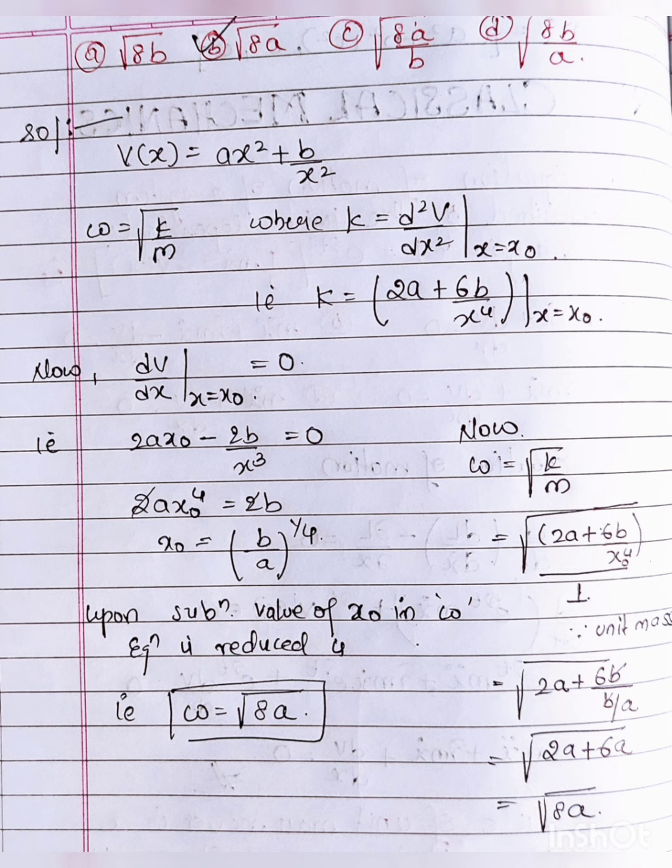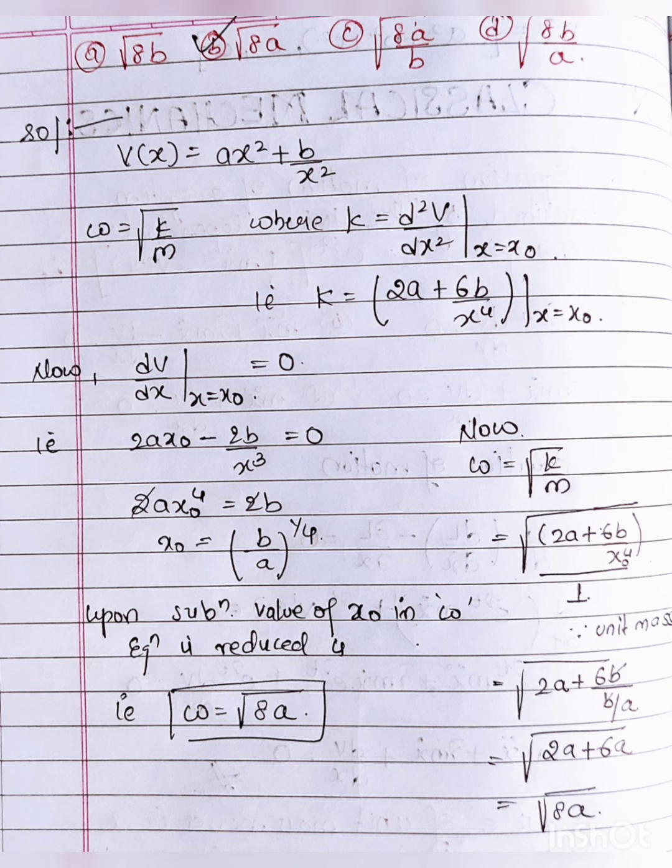Now taking the value of angular frequency, that is omega is equal to root k by m. Here in the root substitute the value of k which we found above, that is root of 2a plus 6b by x naught to the power of 4, and in the question they have mentioned unit mass. Therefore here the value of m is 1.